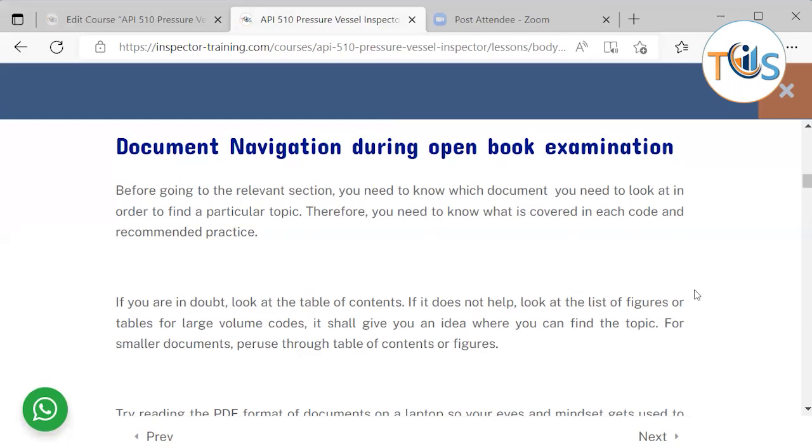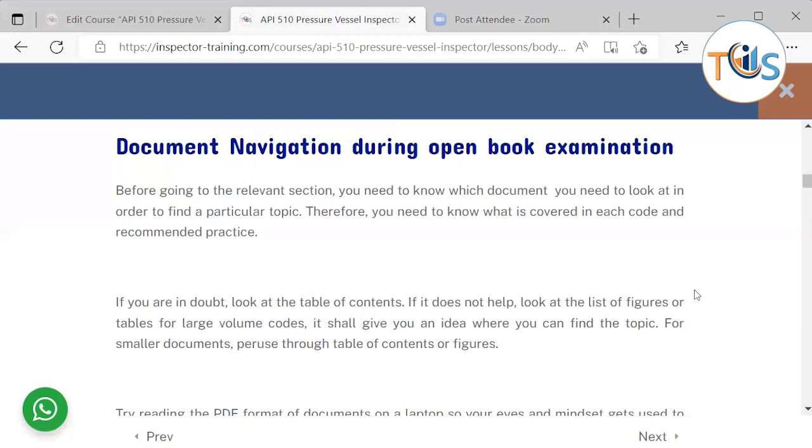Some of the codes are big, they are 1,000 pages, so it is quite time consuming if you don't practice and you don't go to the right section of that code and look for the information that you need or the formula you need to do the calculation. Overall, the first advice I would give is to do a lot of practice.